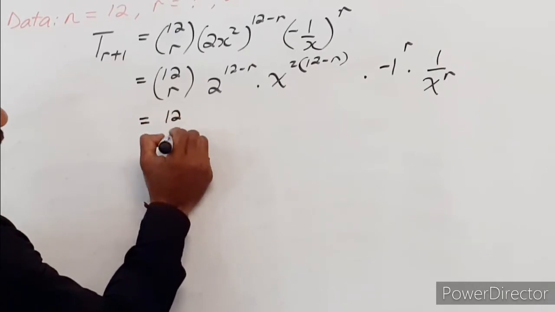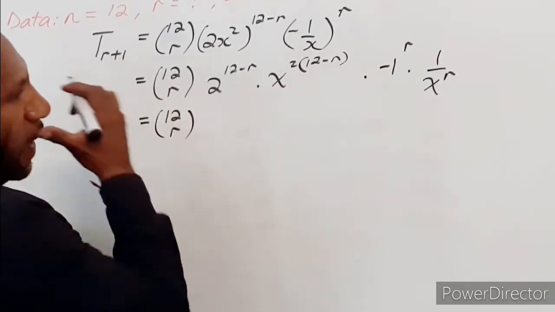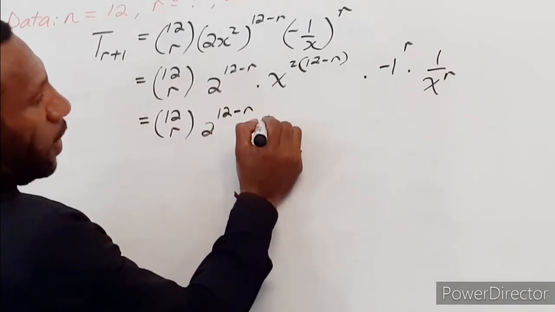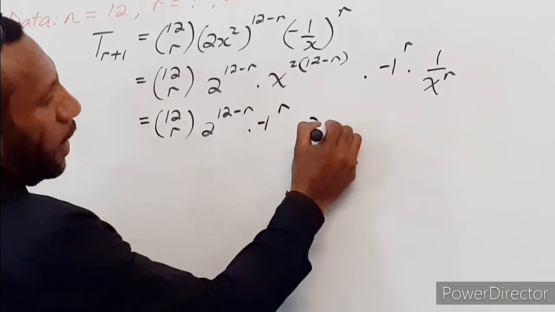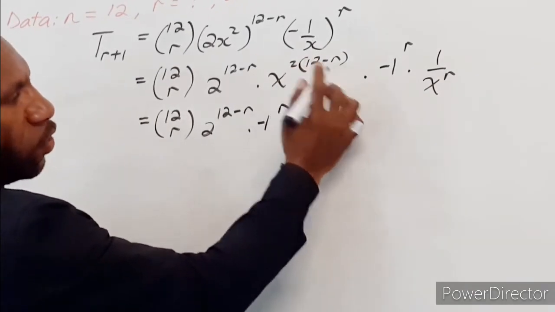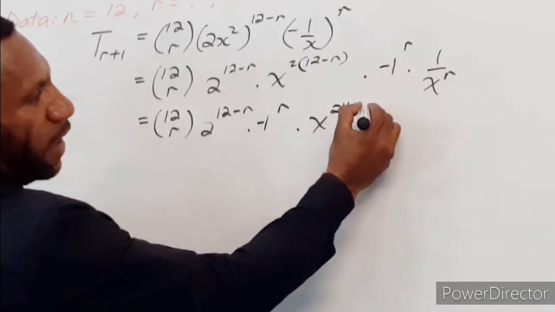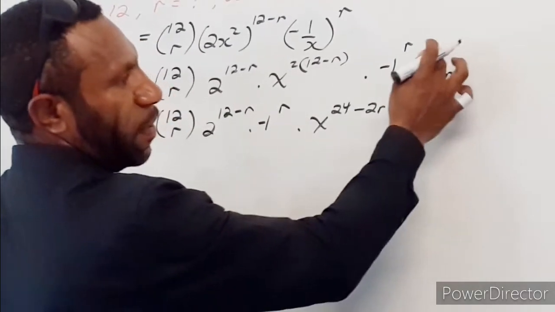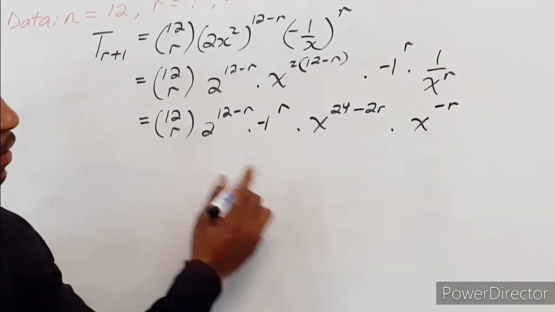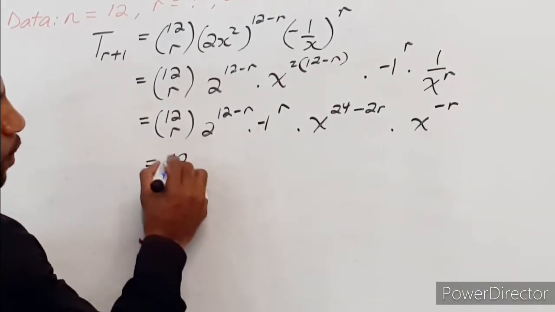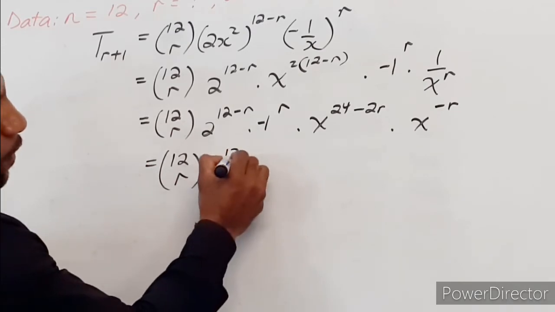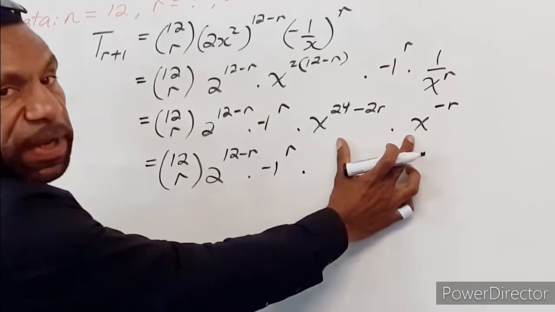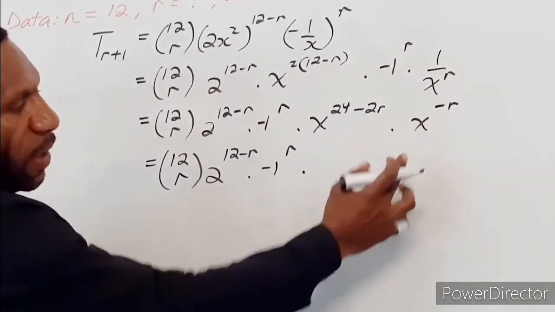Now I have 12 on r, and then here I will have 2 to the power of 12 minus r multiplied by negative 1 to the power of r multiplied by x to the power of, let's expand this one, 2 times 12 gives me 24 minus 2r, multiplied by x to the power of negative r. I bring this r up. Now we have the same base, so we add the powers.